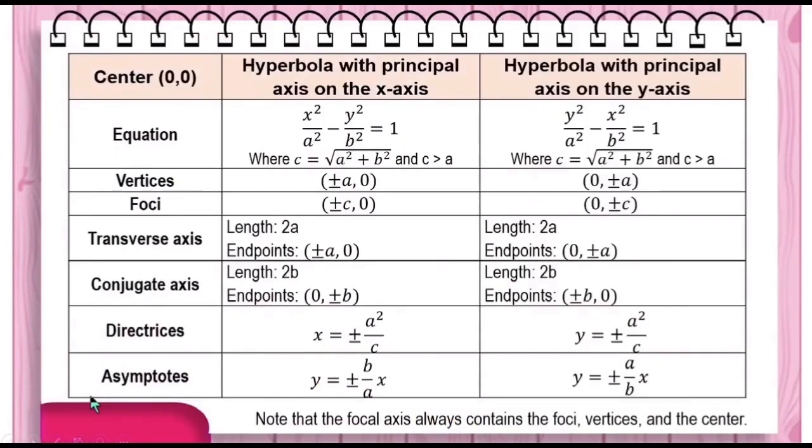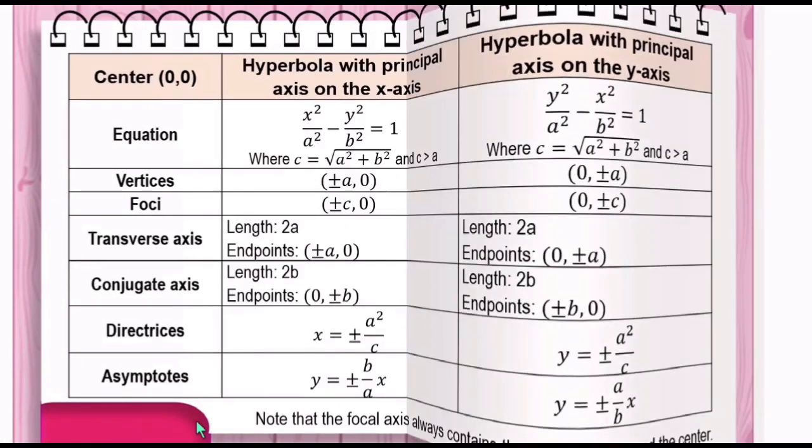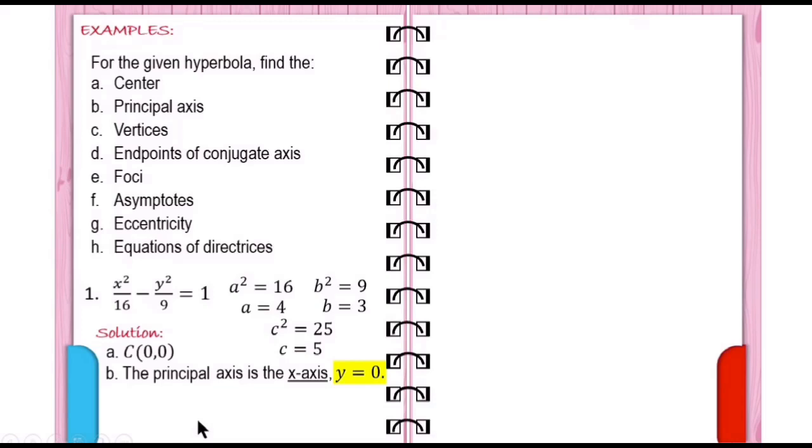So the vertices are plus and minus a, 0. The foci are plus and minus c, 0. And the endpoints of conjugate axis are 0, plus and minus b. Therefore, the vertices are plus and minus 4, 0, a is 4, then 0. And these are 4, 0, and negative 4, 0.